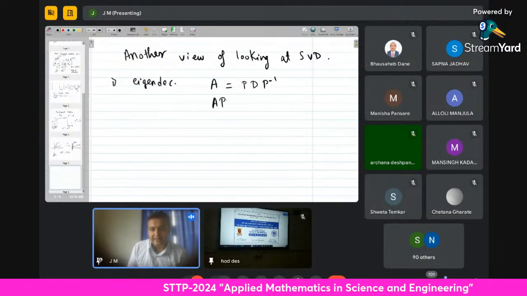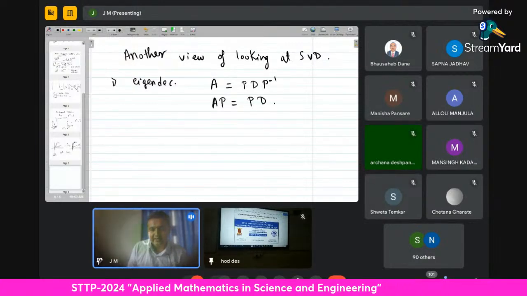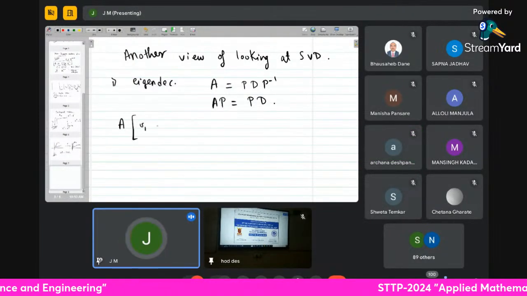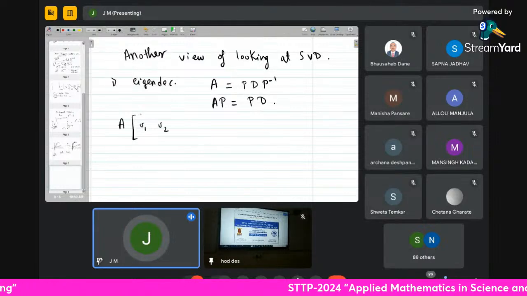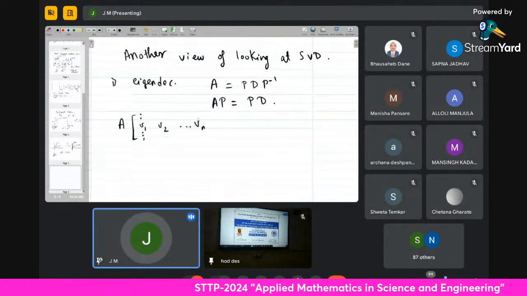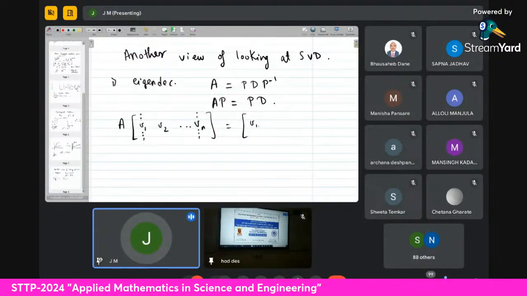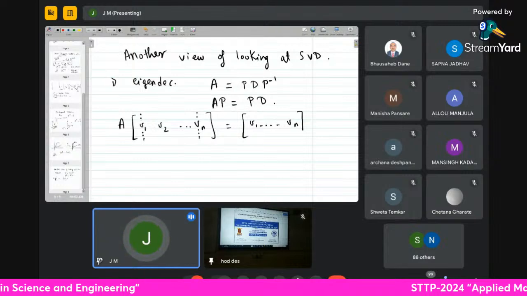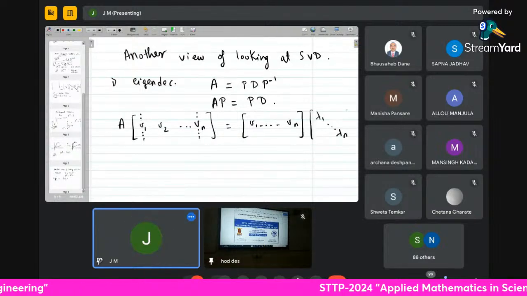Or I can write this as AP is equal to PD. So A times P, with P having columns V1, V2 up to Vn, these are the eigenvectors, and D is lambda 1 up to lambda n.